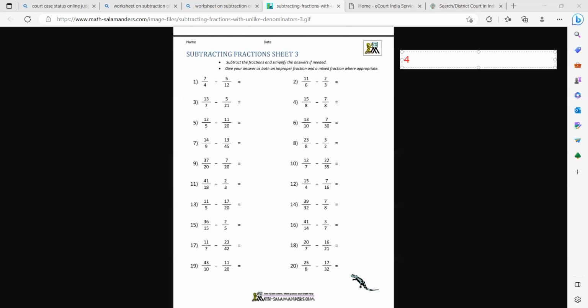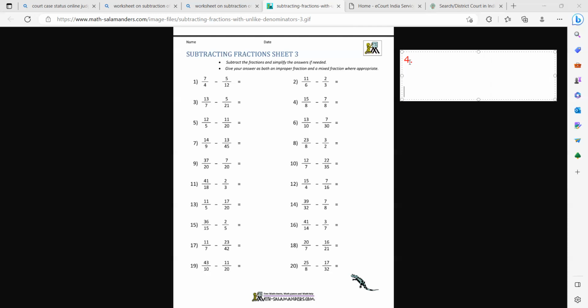Number 4. See, what is the LCM number for number 4? It is 8. So we have 8 as the LCM. Both the numbers are 8, so we need not multiply anything, or we can multiply 1, which will give us the same answer. 15 minus 7 is how much? 8.